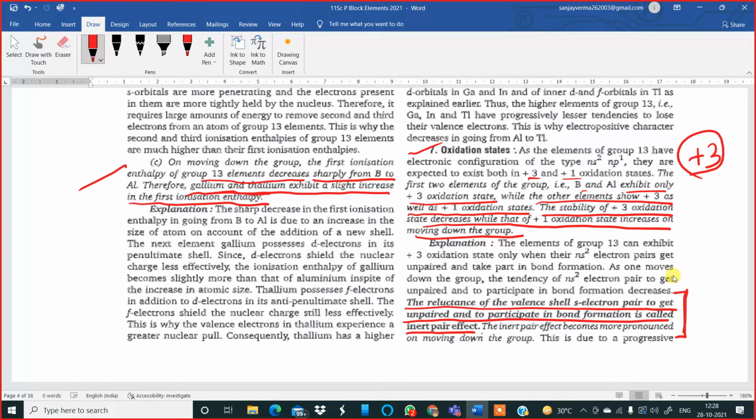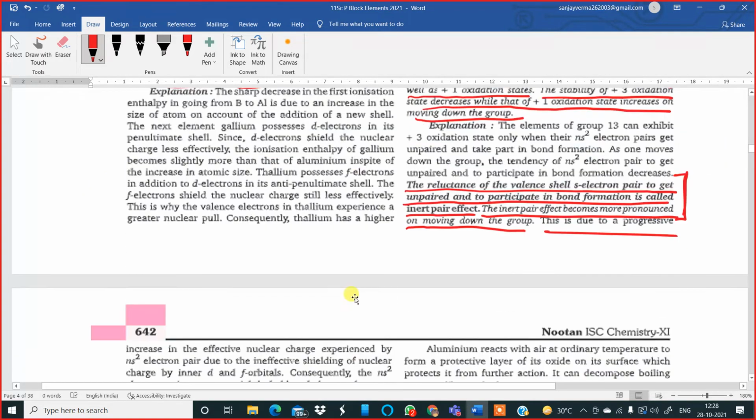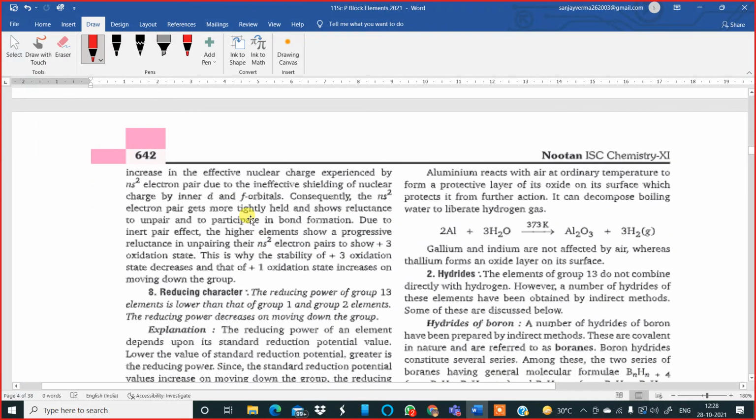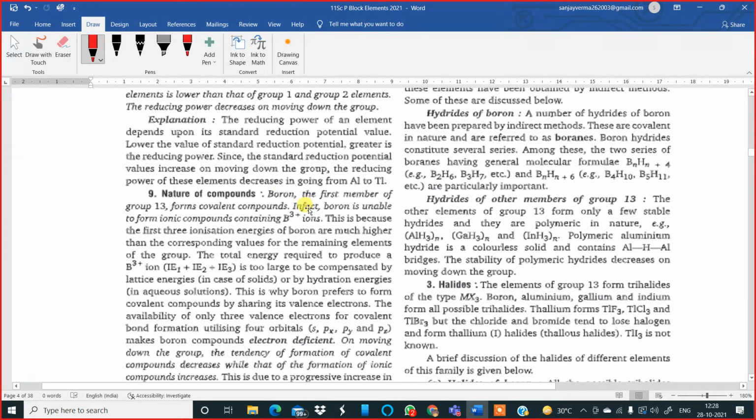So remember, the inert pair effect becomes more pronounced on moving down the group. This is due to the progressive increase in the nuclear charge experienced by the ns2 electrons due to the ineffective shielding of the nuclear charge by inner d and f orbitals. So this you read through carefully.